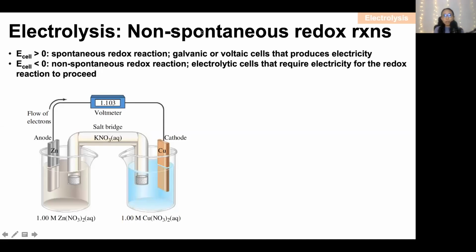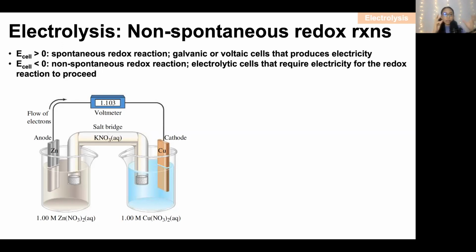So when we talk about electrolysis, we are now considering non-spontaneous redox reactions. So when you have a cell set up and this is connected to a voltmeter and your voltmeter gives you a negative reading, then the redox reaction of that cell is non-spontaneous in the direction written in your chemical reaction, which means your reactants do not form the products.